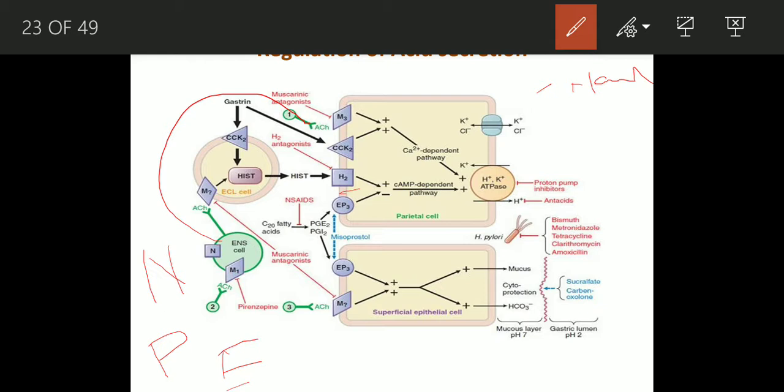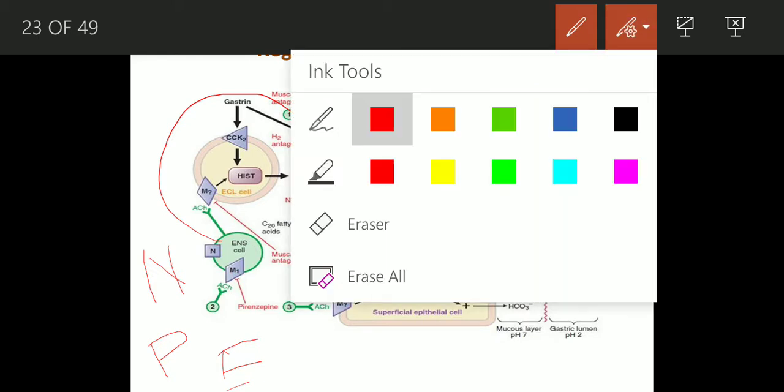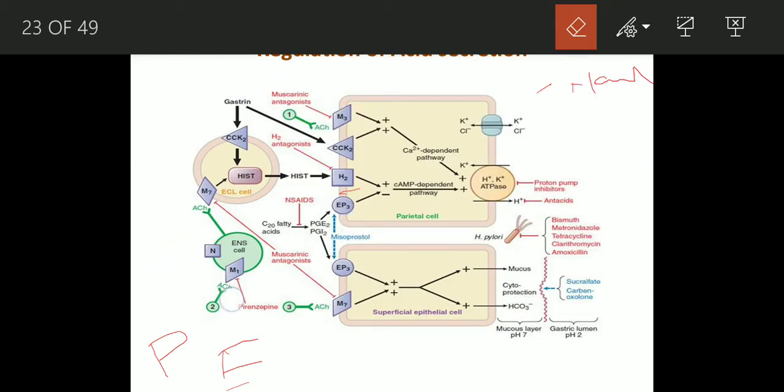Here, you know that gastrin is present in the pyloric region. The gastrin secreting cells, that is G cells, are present in the pyloric region, which are responsible for secreting the gastrin, which is the endocrine hormone.